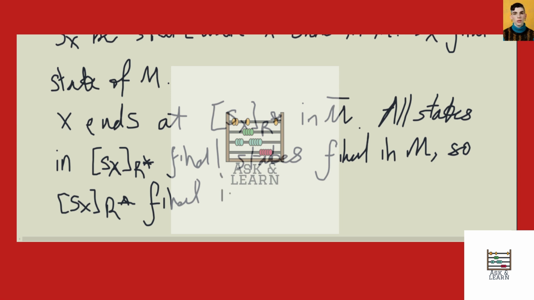So it follows that the R star equivalence class containing Sx is a final state in M bar. This implies that M and M bar accept the same language.